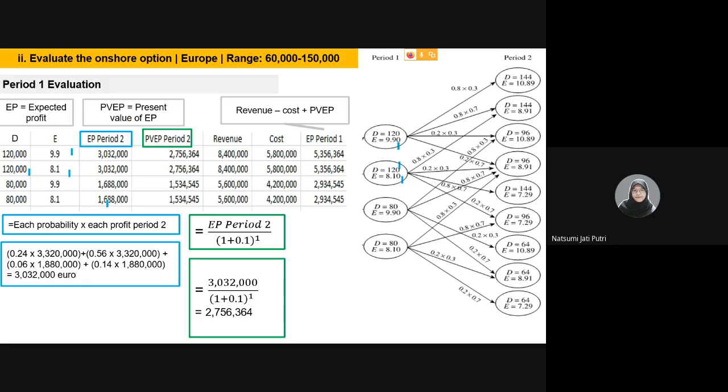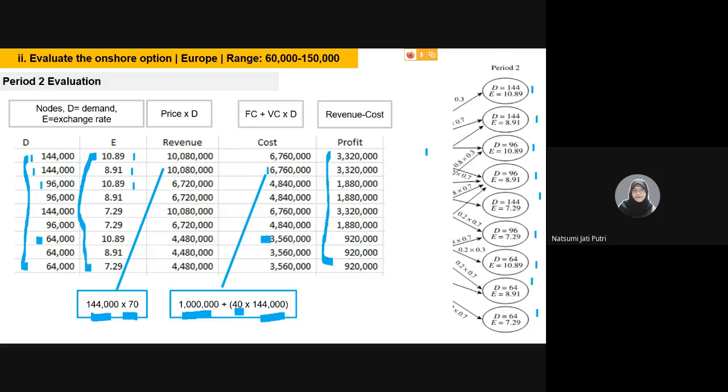So in computing the expected profit here, we use the probability in each line here. So for example, the one in here, the first probability is 0.74. We get this from here, 0.8 times 0.3, and the 3,320,000 here, we get this from the profit in these nodes.